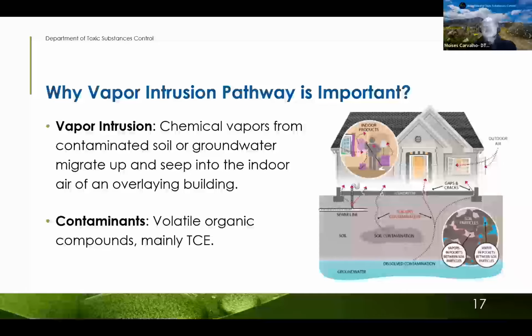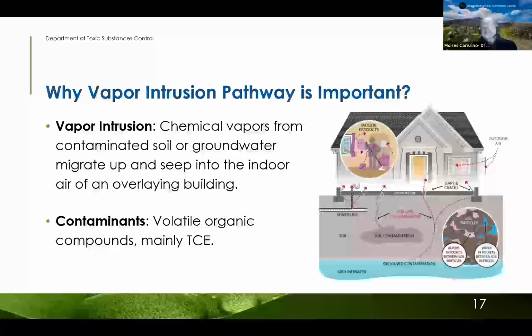The diagram on this slide shows what happens when chemical vapors migrate upwards from both contaminated soil and groundwater. If a building is located over this area, which has contamination, these vapors can find ways to migrate upwards. They can seep through small cracks in the foundation and gaps around utility pipes, such as cable, electricity, or water, and eventually mix with the indoor air.